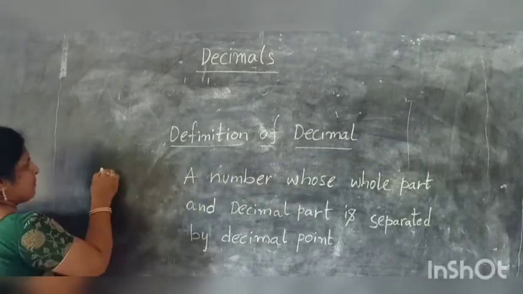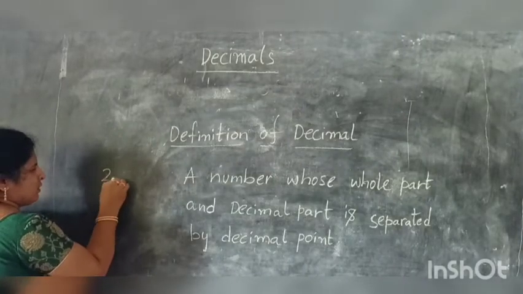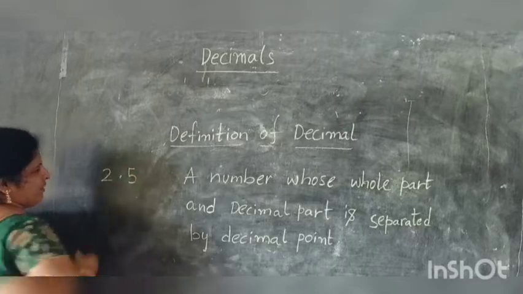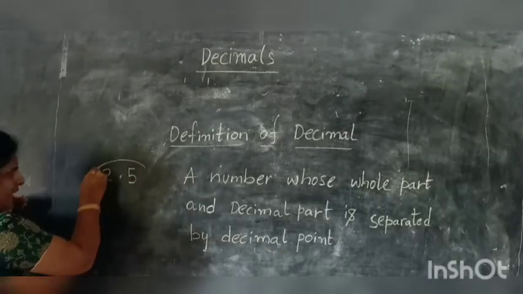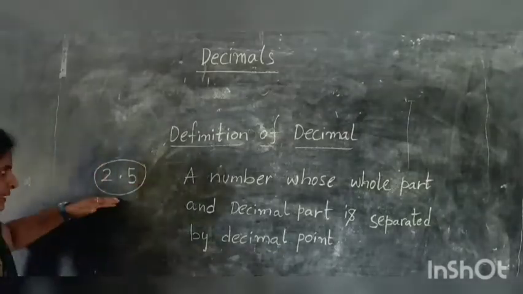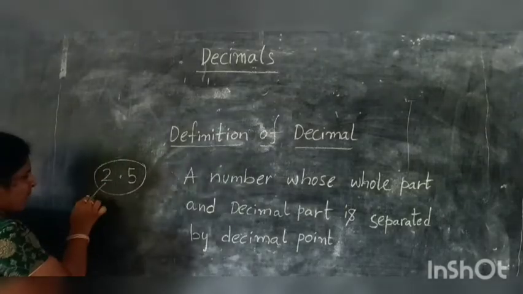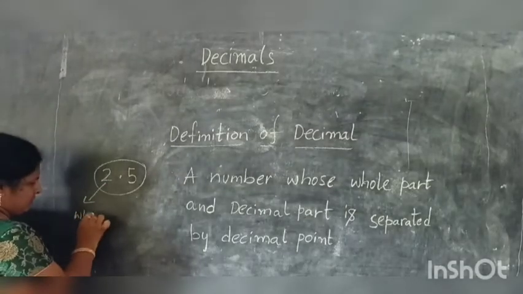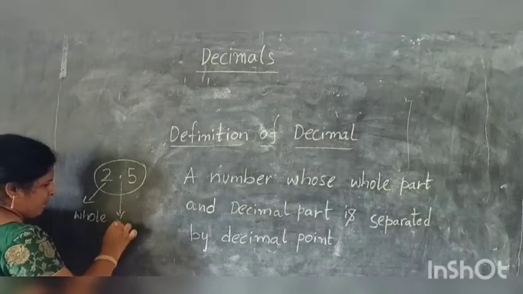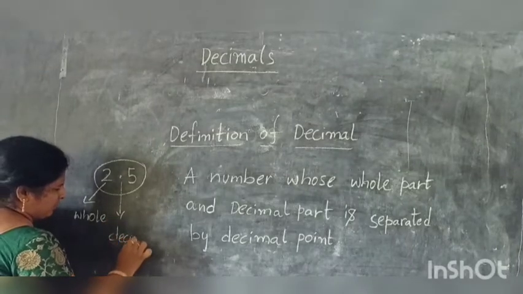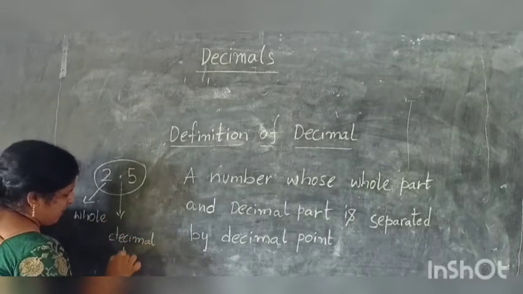Suppose I take one number, 2.5. This is the decimal number. This is the whole part. This is the decimal point.